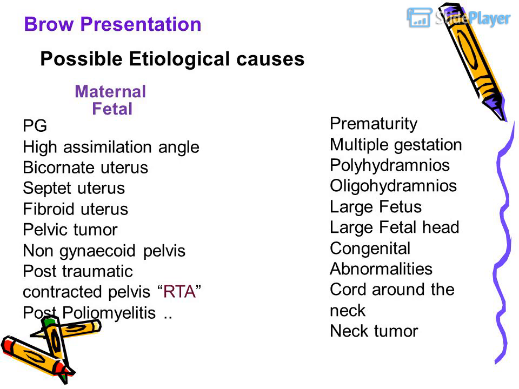Maternal and fetal: high assimilation angle, bicornuate uterus, septate uterus, fibroid uterus, pelvic tumor, non-gynecoid pelvis, post-traumatic contracted pelvis, post-poliomyelitis, prematurity, multiple gestation, polyhydramnios, oligohydramnios, large fetus, large fetal head, congenital abnormalities, cord around the neck, neck tumor.